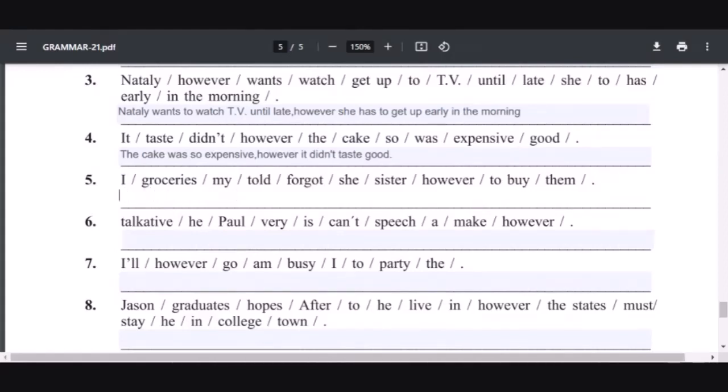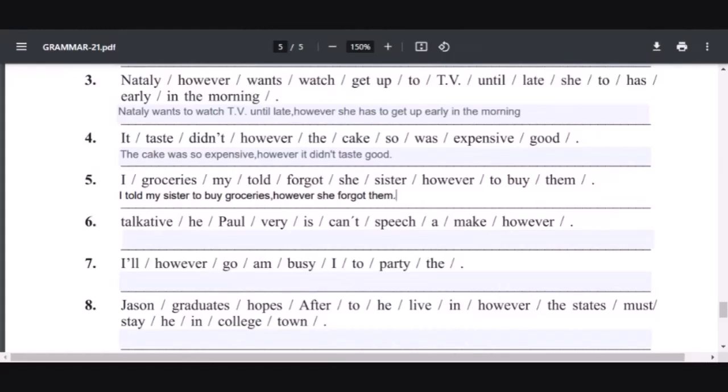I think it's I told my sister. Yes, I told my sister to buy groceries. However, she forgot them. Ella los olvidó.